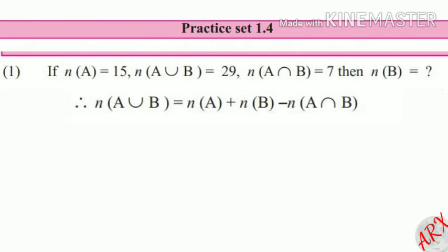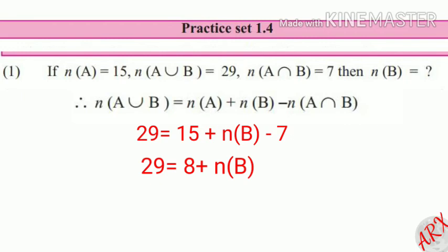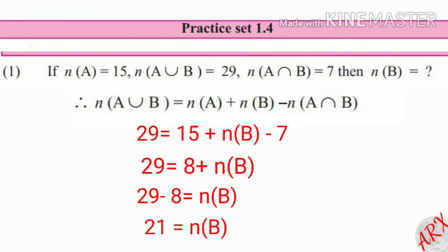After putting values, 29 = 15 + n(B) - 7. Now 29 = 15 - 7, which is 8, plus n(B). Now shift 8 towards the left hand side. So n(B) = 29 - 8. So n(B) will be 21.